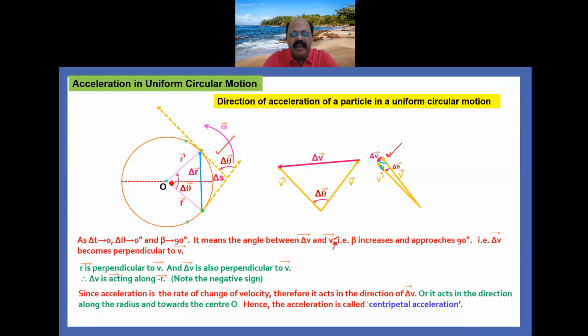In simple words, acceleration acting along the radius towards the center of the circular path of the particle, object, or body is known as centripetal acceleration.